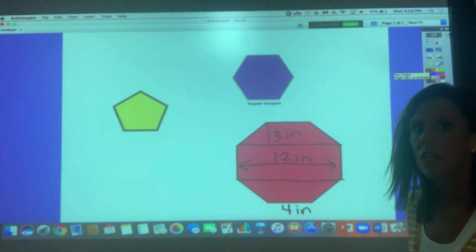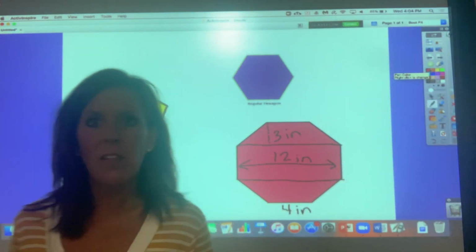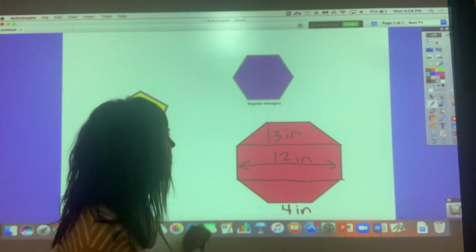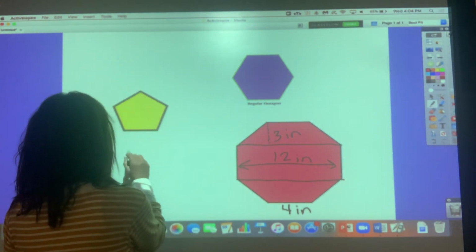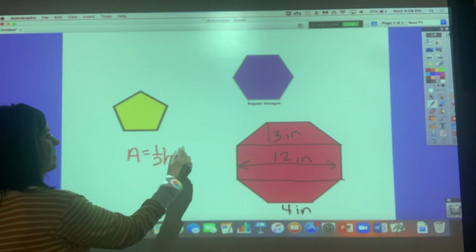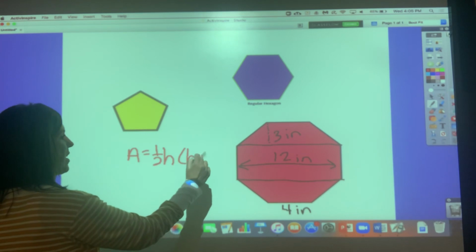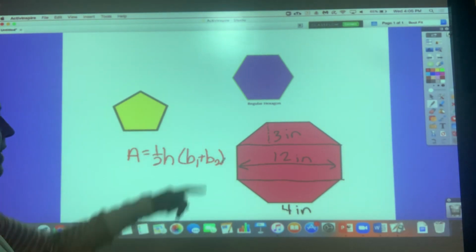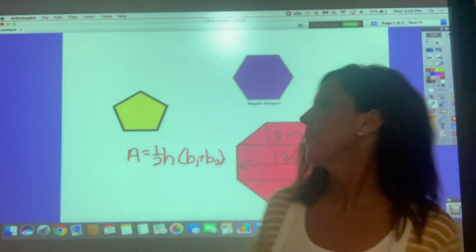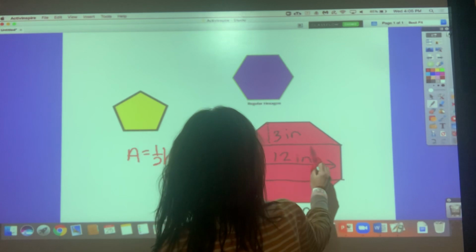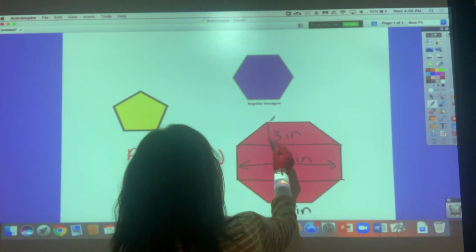First of all, we need to remember our parallelogram formula and our trapezoid formula. Remember, the trapezoid formula is area equals half the height times the sum of the 2 bases. So let's look at this trapezoid up here. We have our base here, and our base here, and our height here.